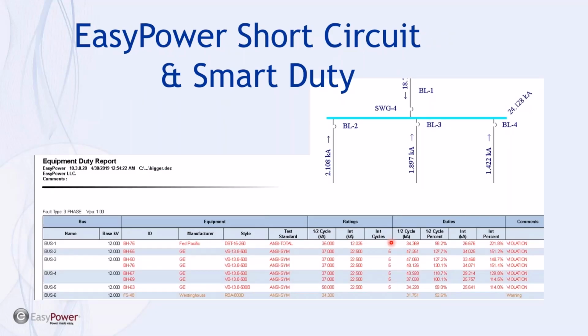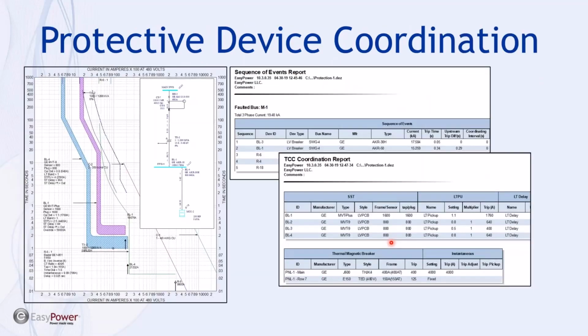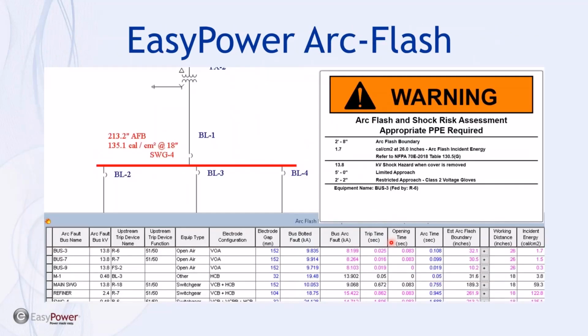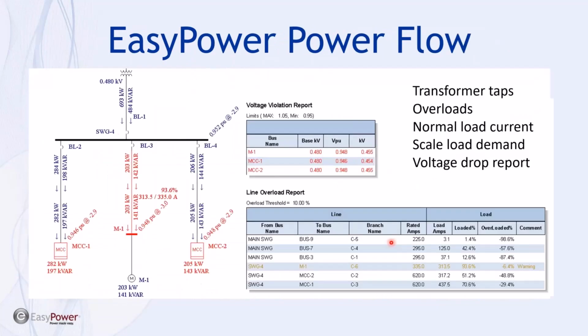We can conduct a short circuit and equipment duty analysis and identify areas where there could be problems based upon the parts selected. We most often would be utilizing the EasyPower tools for protective device coordination, arc flash calculations, and label generation.